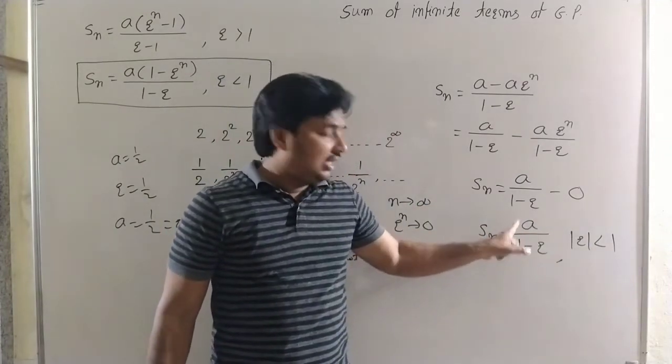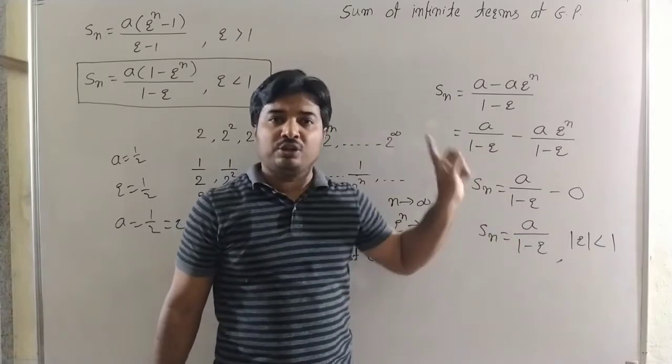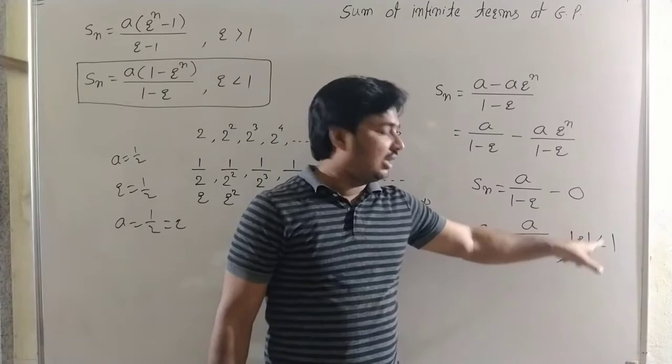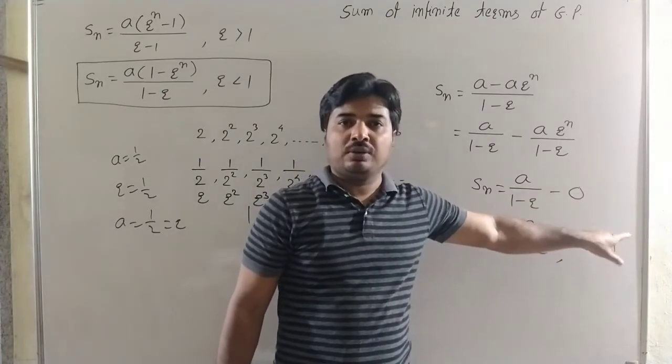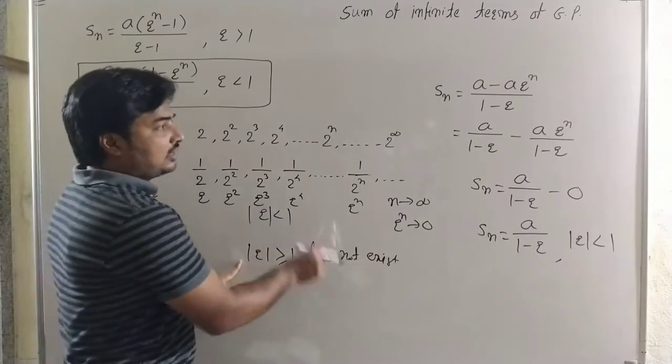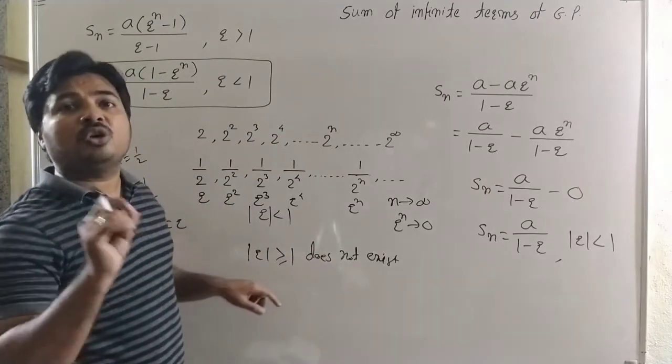Here a is the first term and r is the common ratio, but the condition is mod r less than 1. If mod r is greater than or equal to 1, then the sum of the infinite terms does not exist.